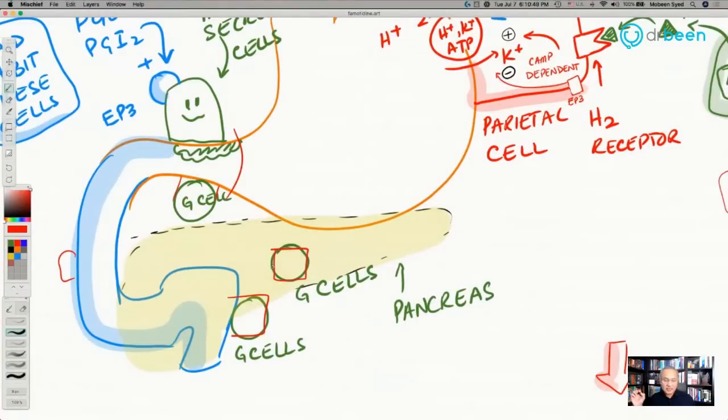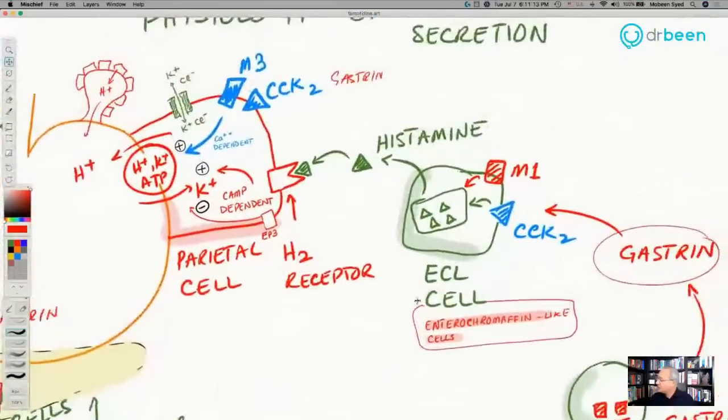So G cells are present in the end of the stomach, in the duodenum, and in the pancreas. Whenever there is food, whenever there is protein, these G cells become active, and when they become active, they release gastrin. Gastrin in turn goes into blood. From the blood, gastrin then comes here and acts on the ECL cells or Enterochromoaffin-like cells, and then you know the rest of the story.